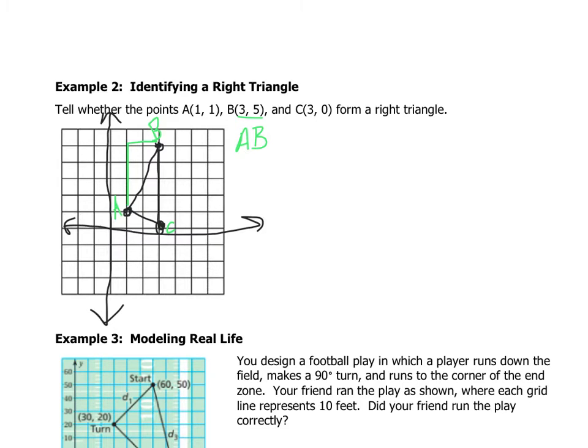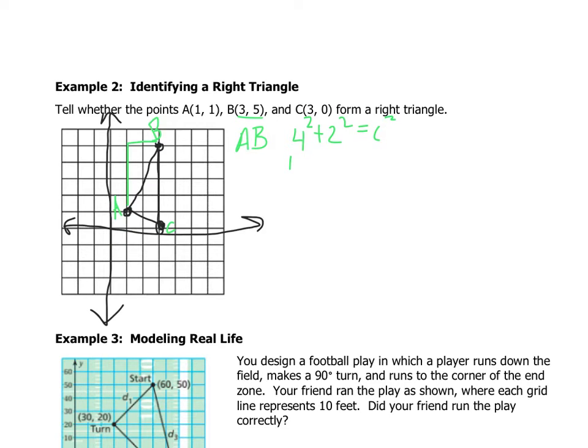So one of my sides, if I go straight up in the air, is 1, 2, 3, 4. The other side off this right angle is 2. So I would have 4 squared plus 2 squared equals C squared.